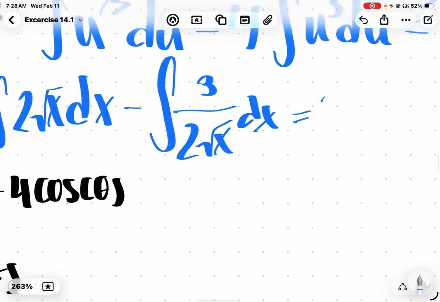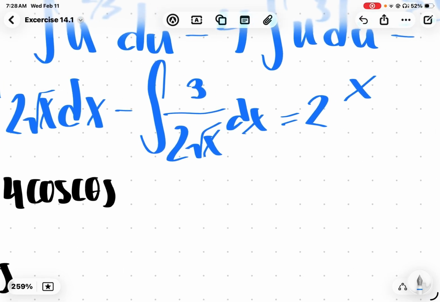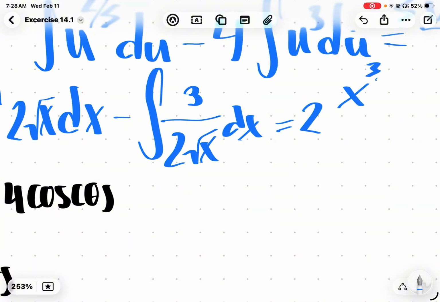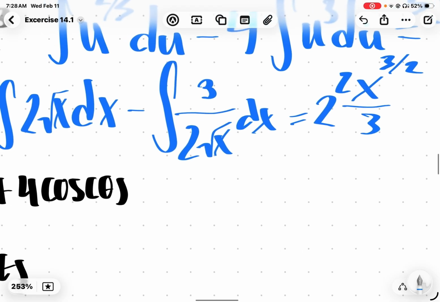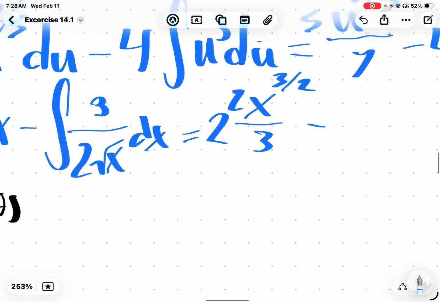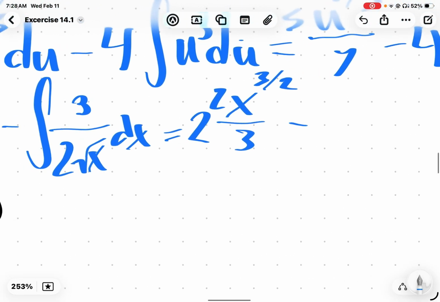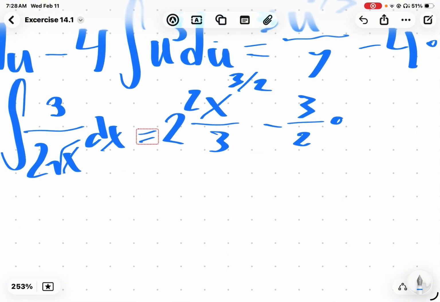So for the first integral, take the 2 out, and then we have x to the power of 1/2 plus 1, so 3/2, and put it over 3/2, so times 2/3. And now at the next integral, we can take the 3/2 out, and now we have x to the negative 1/2, because it's the reciprocal.